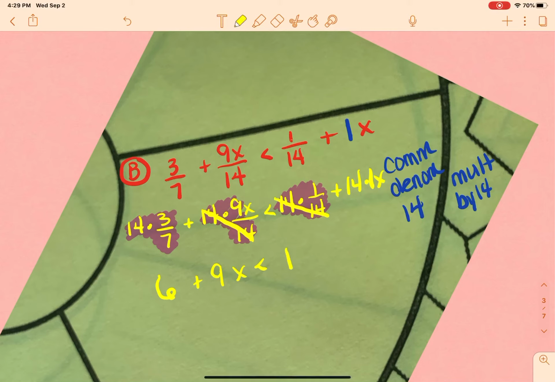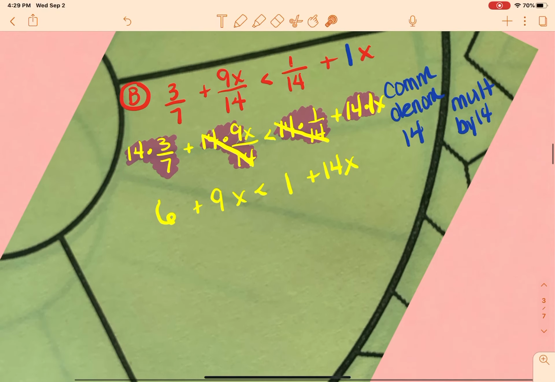You're going to be left with 1. And then on this one, 14 times 1 is 14, and I'm going to put an x with it. So now, instead of having all these crazy fractions, I've simplified this.